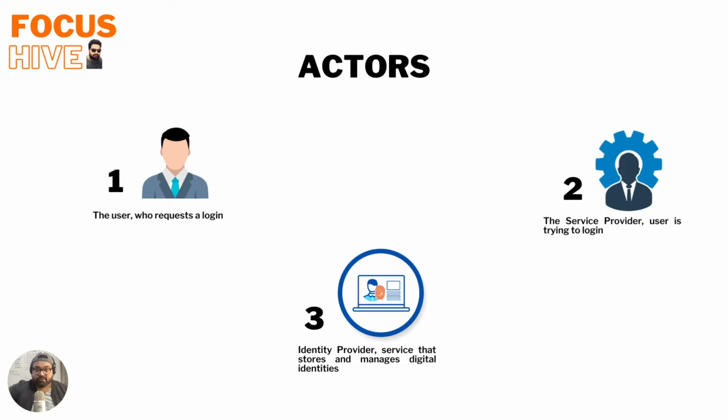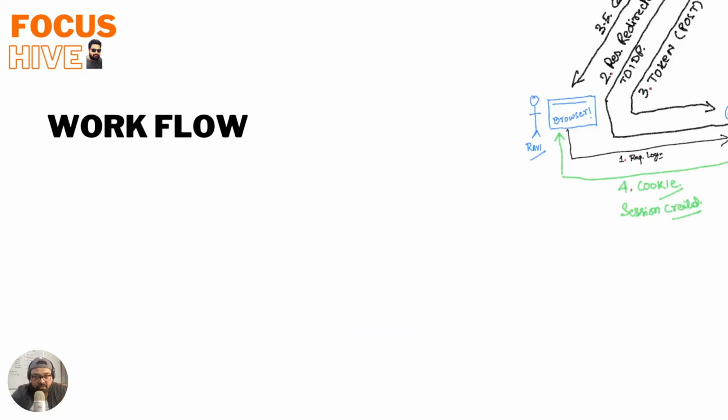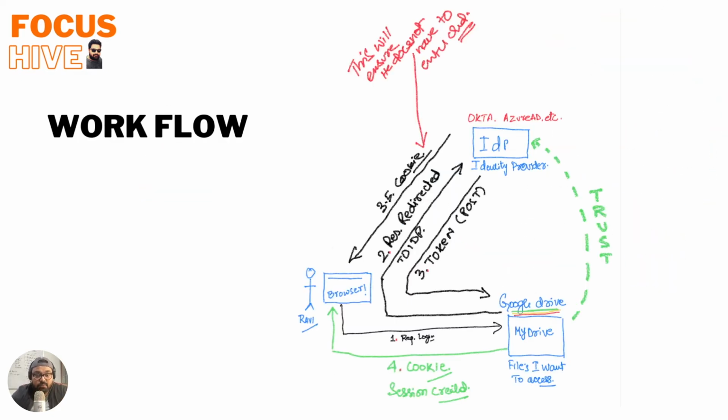So the service provider will ask the identity provider that this user who's trying to access the data, is he authenticated or not? The identity provider will say yes, authenticated, and the service provider will provide the access to the data or resources. Hope that's clear to you. Now moving on, we will look at the workflow.